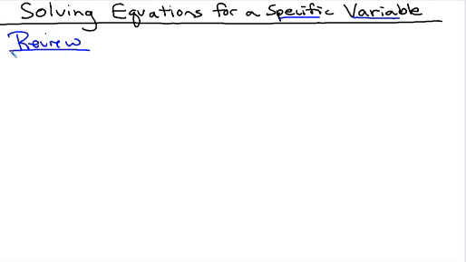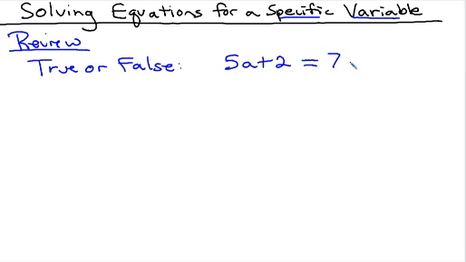This first one I'm going to pose as a true or false. True or false? 5a plus 2 is equal to 7a. Is that a true statement or a false statement? False.